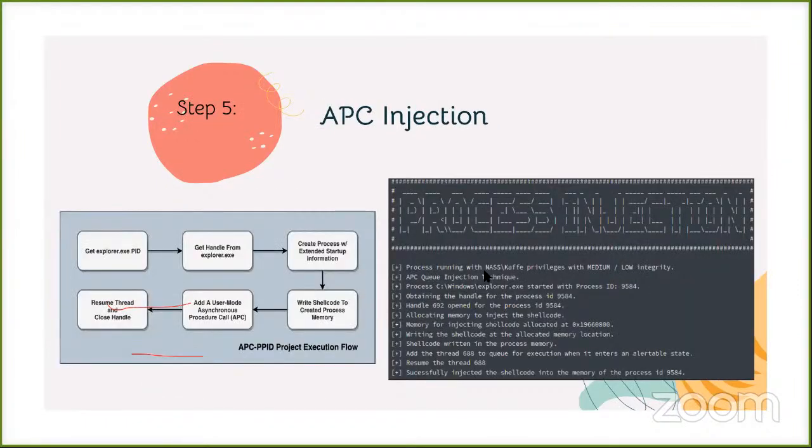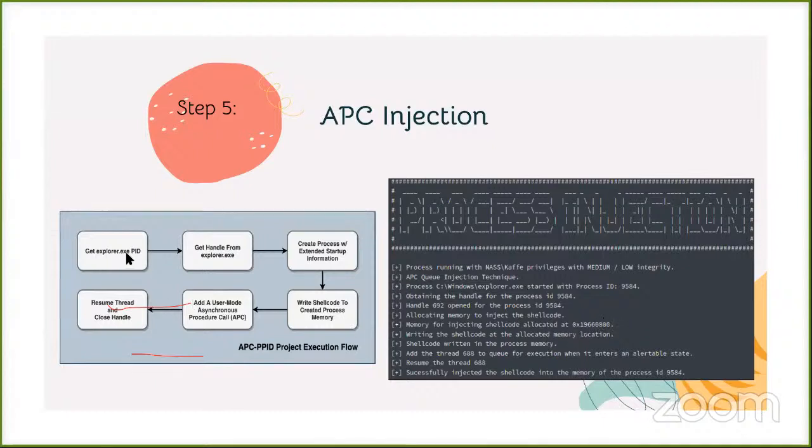Okay, let me expound further on how the APC injection occurs. If the process that we want to inject into is Explorer, we need to get Explorer's process ID. This is the verbose output of process injection once it's run.